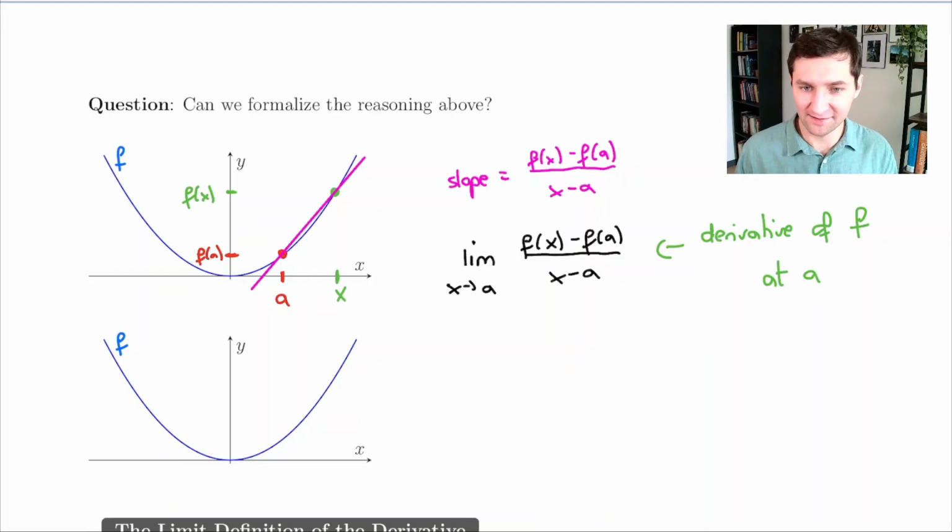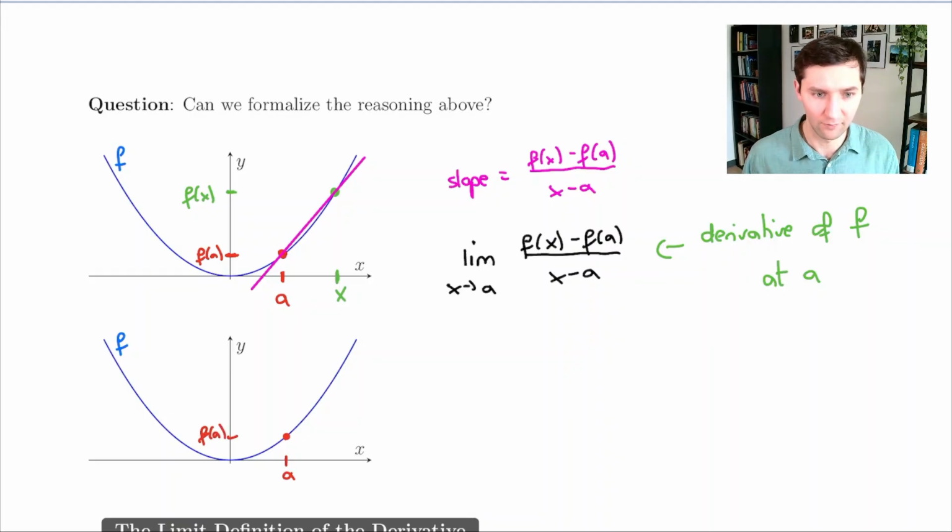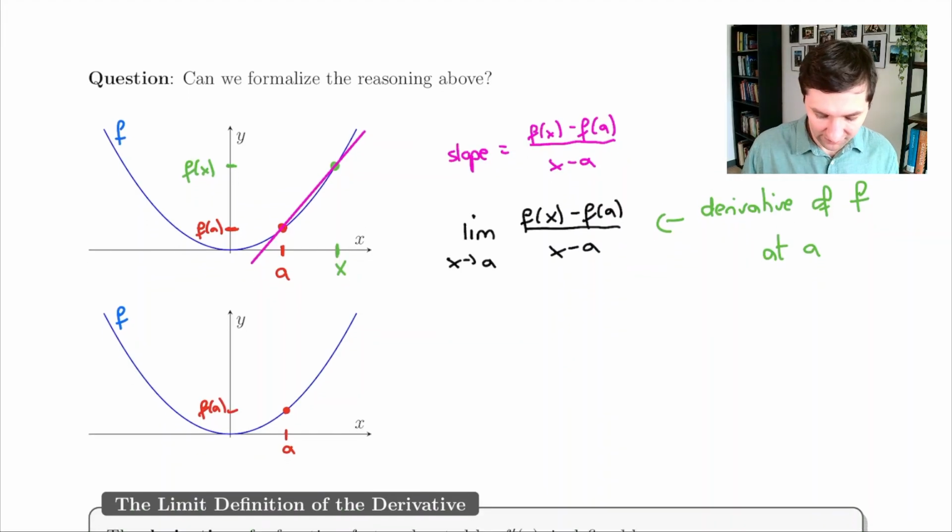Sometimes people use slightly different notation to denote the same thing. They start by choosing the point a the same way as before, with the corresponding y-coordinate f of a. However, instead of calling the second point by x, they call the second point by a plus h. They think about the distance between the 2 points as h.